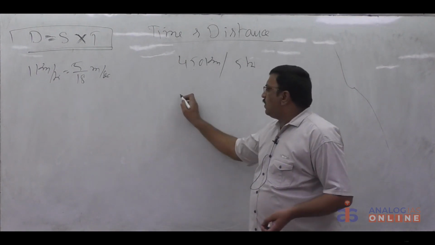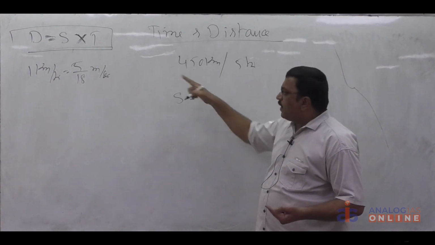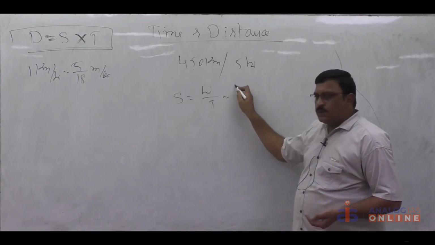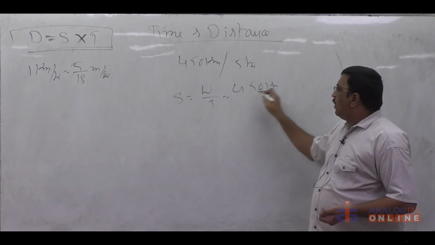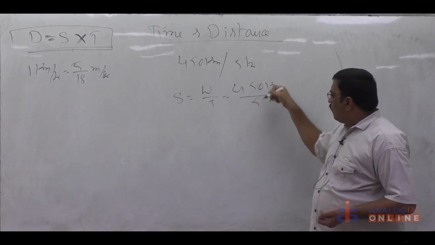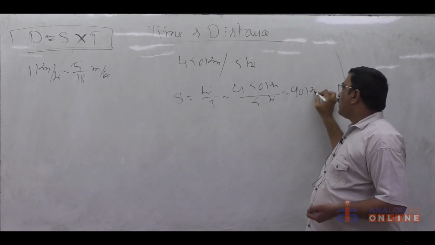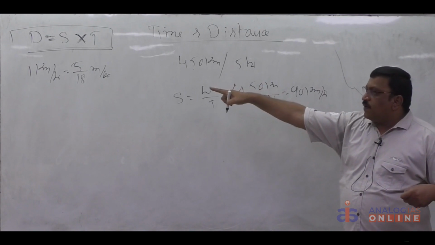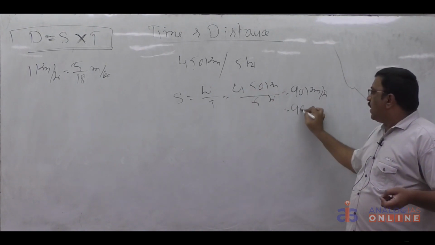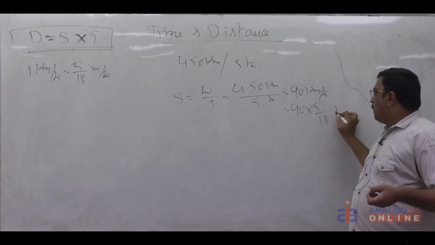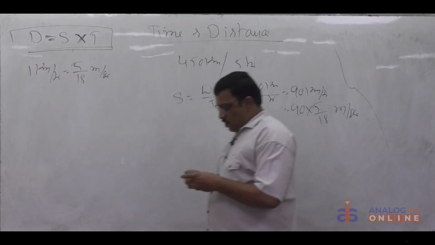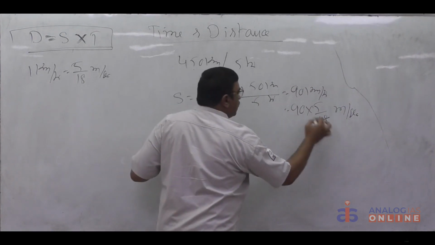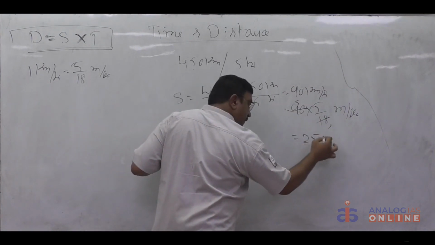So the speed of the train is equal to distance by time. This is 450 kilometers and 5 hours, right? So 450 by 5 is 90 kilometer per hour. But we need that in meter per second. So 1 kilometer per hour is how much? 5 by 18. Just 90 into 5 by 18 meter per second. So how much does it come to? 18 fives are 90, so it is 25 meter per second.